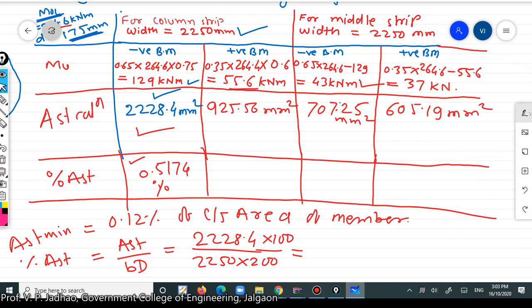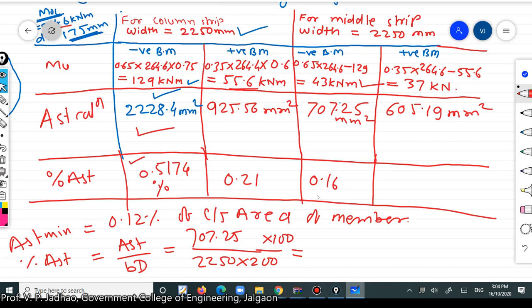Now similarly put the values of AST provided for this second case, that is 925.56 mm square steel. Just put here 925.56, so you will get percentage AST equal to 0.21%. Then put here in this formula 707.25, you will get the steel percentage AST as 0.16.